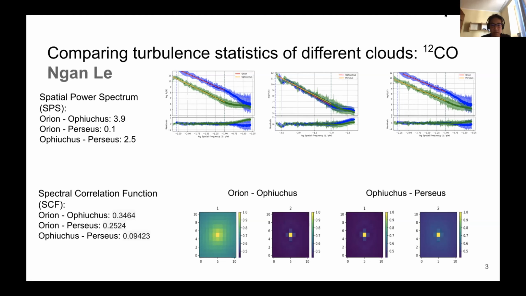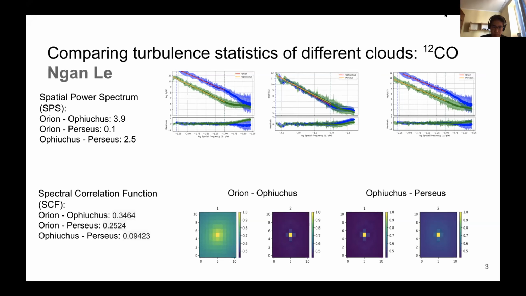The other method is the spectral correlation function, in which we aim to quantify the correlation between the spectral structure and the spatial density structure. To do that, we calculate the correlation between the spectra as it varies with the spectral dimension to create the 2D correlation surface.